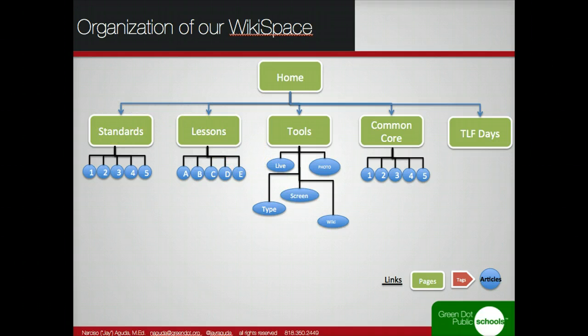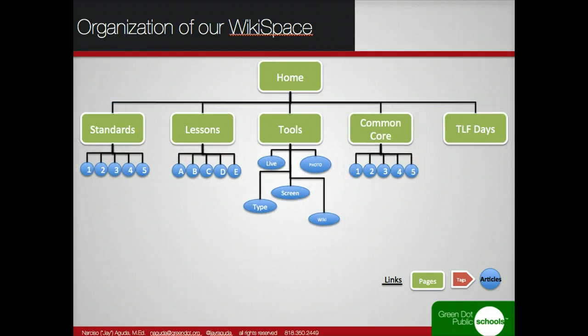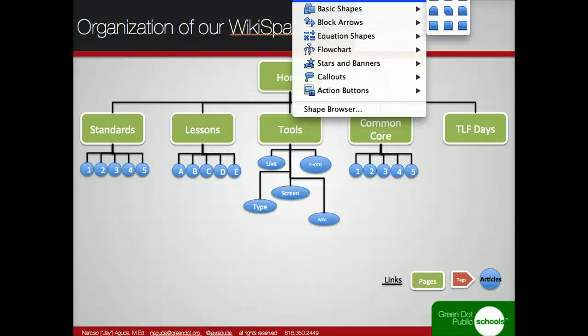But the magic comes in, the actual wiki part comes in when we start to make connections between our standards, our lessons, and our tools. So let's take a look at this example. Let's say, for example, I create, let me grab this tool here.